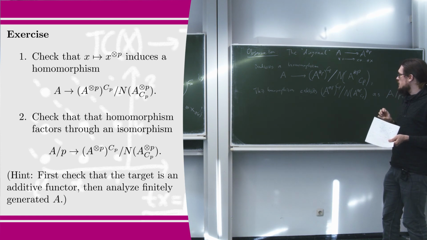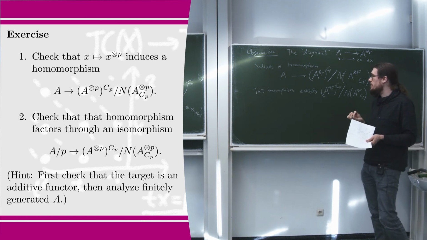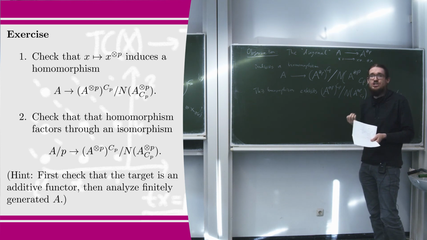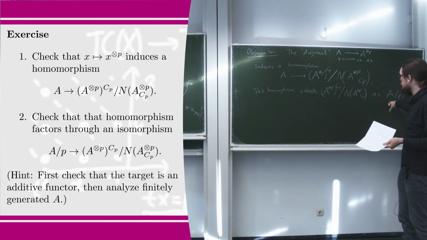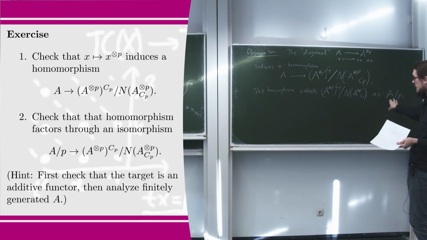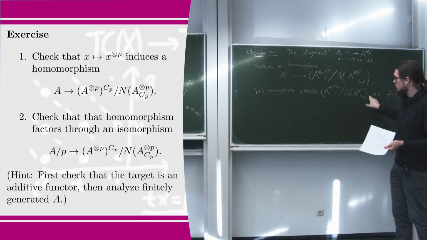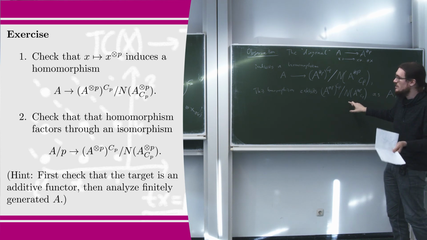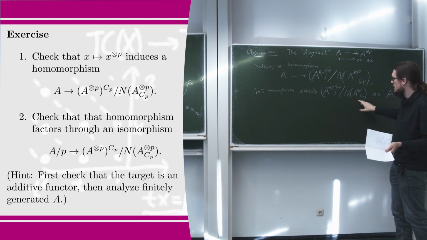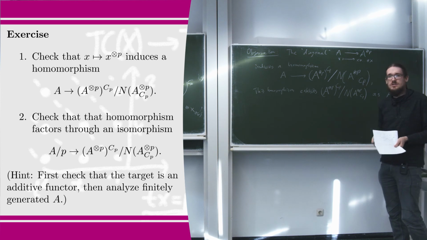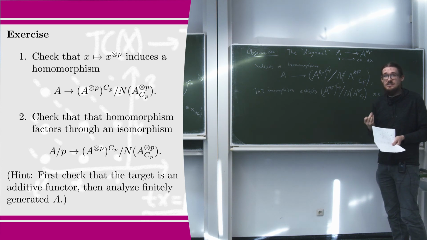As a hint, I would recommend to first check a special case of this statement. In particular, what this isomorphism is saying is that this functor, which takes an abelian group A to this kind of quotient, is surprisingly additive.